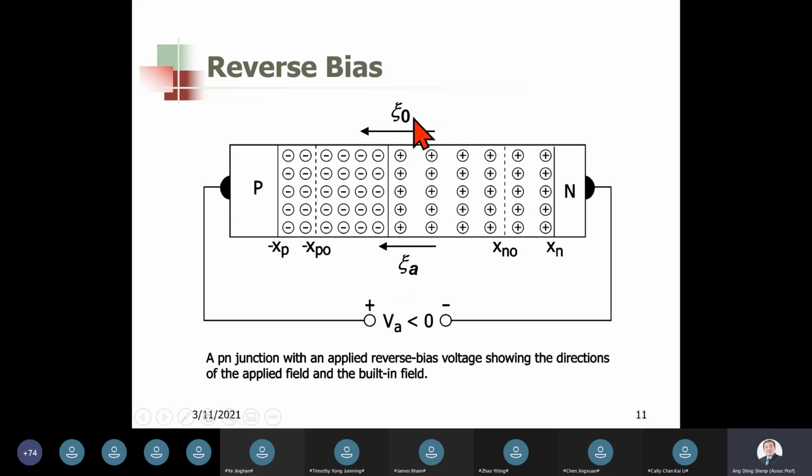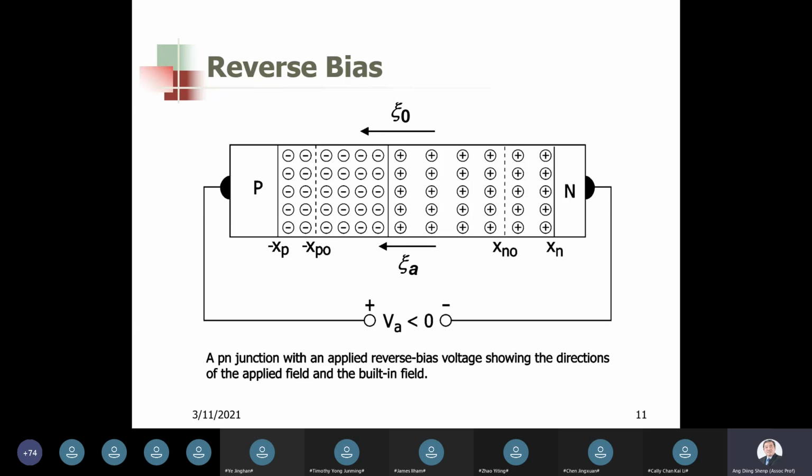Now, recall what is the purpose of the built-in electric field? It serves to block the diffusion of the majority carriers under thermal equilibrium. And now under reverse bias condition, the junction electric field is even higher than the built-in electric field or the thermal equilibrium case. So obviously, majority carriers cannot move across the junction under reverse bias.